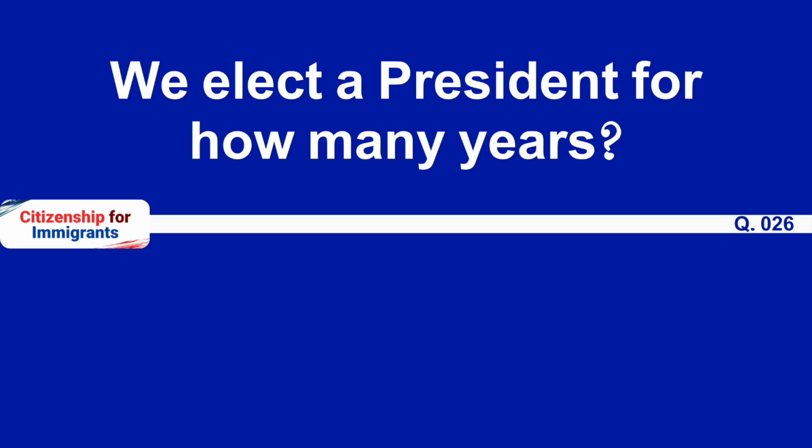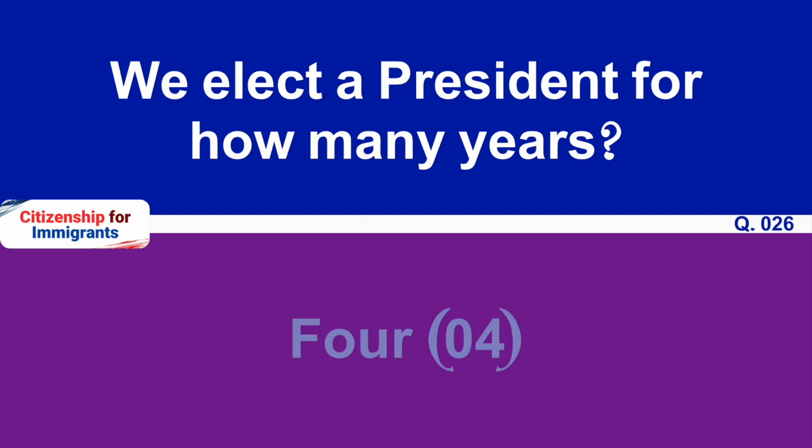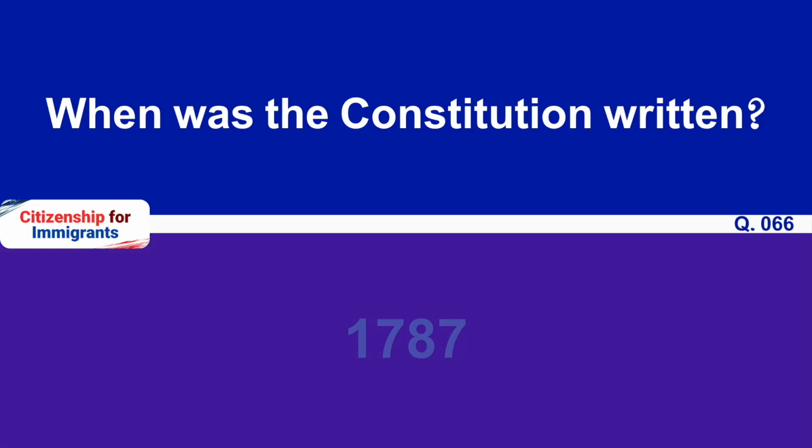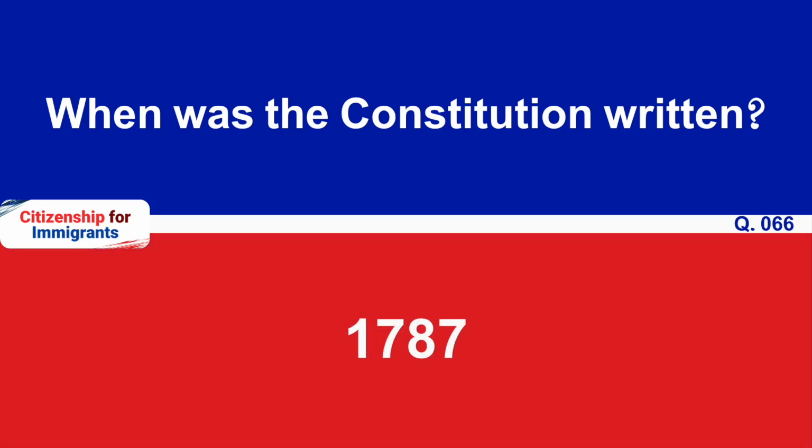We elect a president for how many years? Four. When was the Constitution written? 1787.